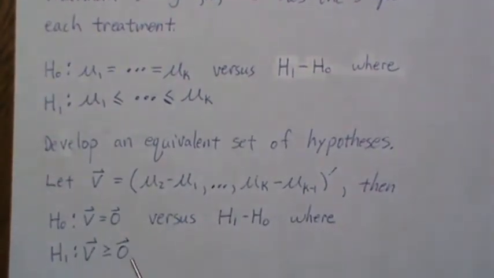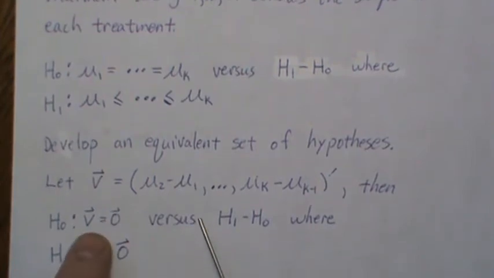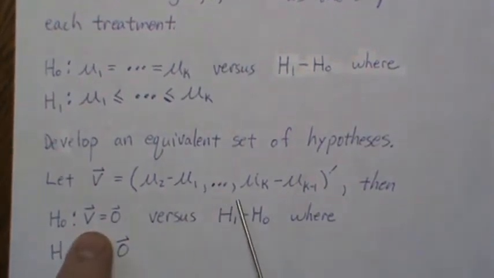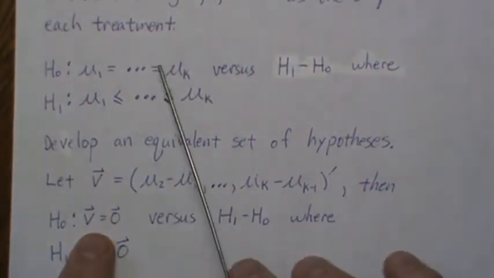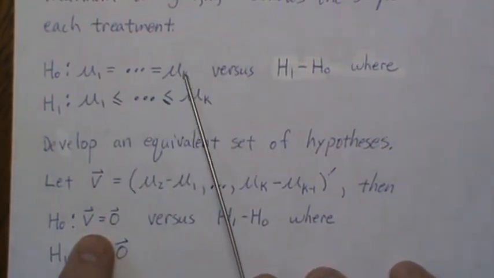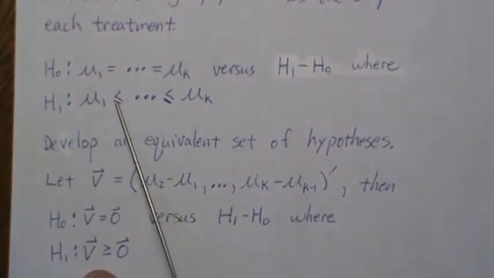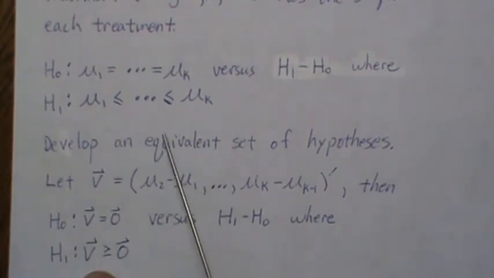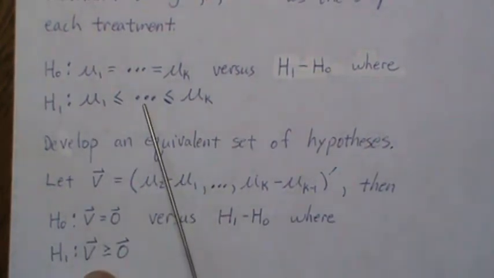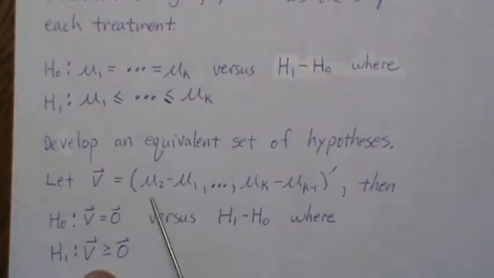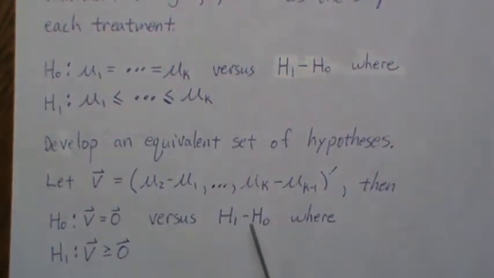Then this is an equivalent set of hypotheses. If each component in here is 0, then that's saying all the means are equal. And if all these are positive, that says that in this setting the latter mean has to be greater than the previous mean, right? So this is an equivalent set of hypotheses.